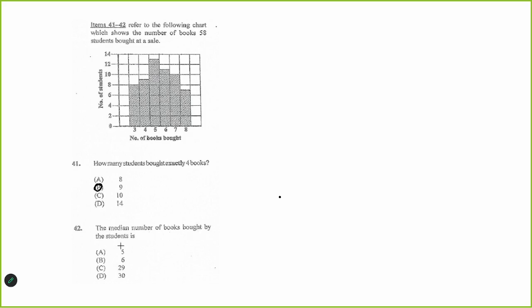Median number of books bought in the school is... so the median is in the middle. So that would be 59 divided by 2. 2 could go into 5 2 times, remainder 1. 2 could go into 19, 9 times, 9 2s are 18. So it's 29 point something score, so that's between your 29th and 30th. So you need to find out where this is.